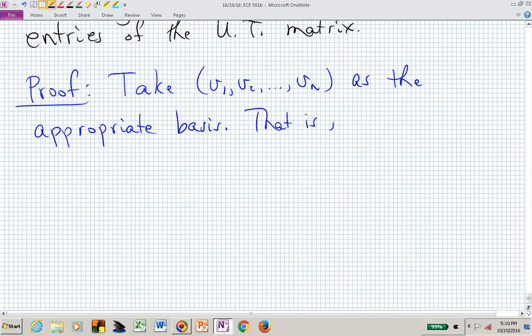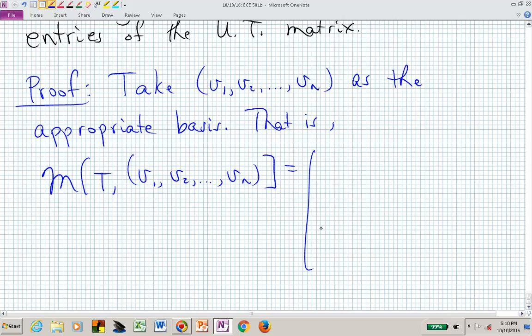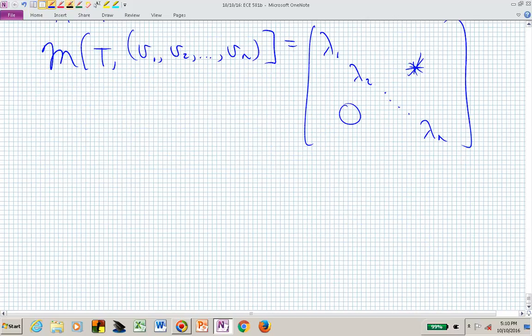Now we have the matrix representation of T with respect to v1 through v sub n, which is this: lambda 1, lambda 2, lambda sub n on the diagonal. We don't care what's above, but we are forced to have 0 below the diagonal.